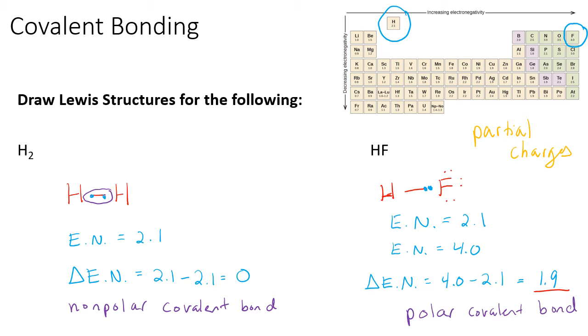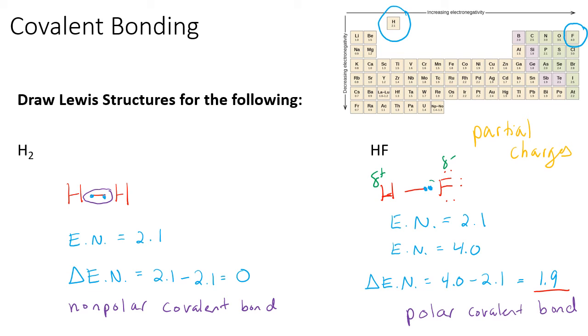And what that means is our fluorine, since it's winning that tug of war, develops a partial negative charge. That is the lowercase symbol for delta, which kind of looks like an infinity sign on its side, and that means partial negative. Since fluorine has those electrons being pulled towards it, it has a little bit of a negative charge. And that leaves our hydrogen with a partial positive charge because it's lacking some of those electrons being close to it in that covalent bond.